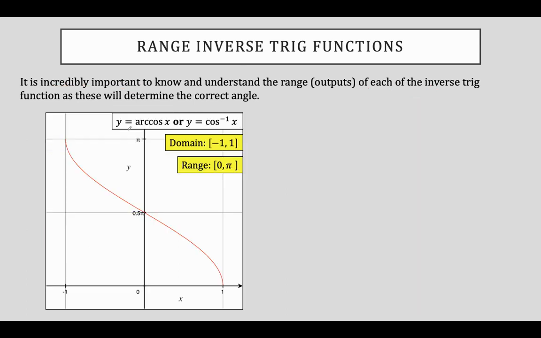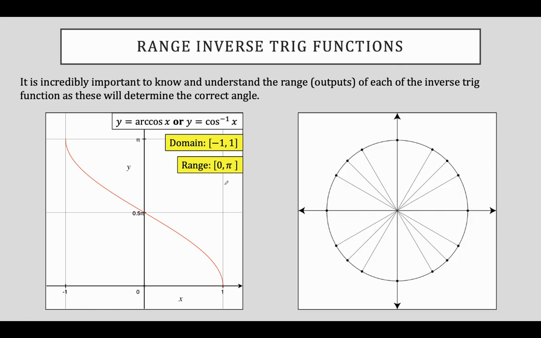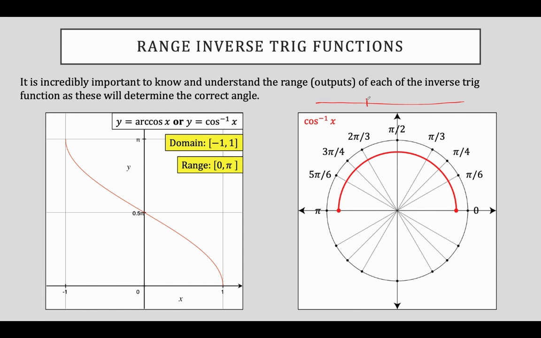What about inverse cosine? Well, here's the graph of inverse cosine that we came up with. And we said the domain was from -1 to 1, and our range was from 0 to pi. Well, in terms of the unit circle, that means all of the angles that I get out have to be between 0 and pi for inverse cosine. In terms of a number line, here's 0, here's pi.